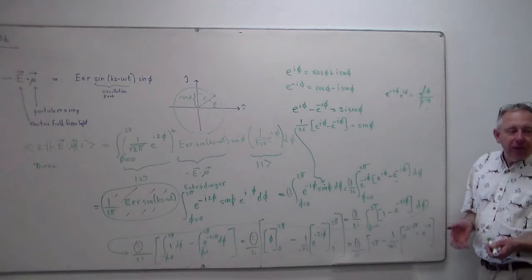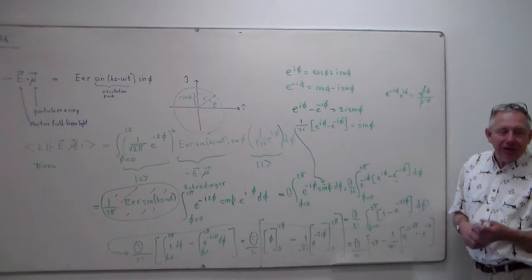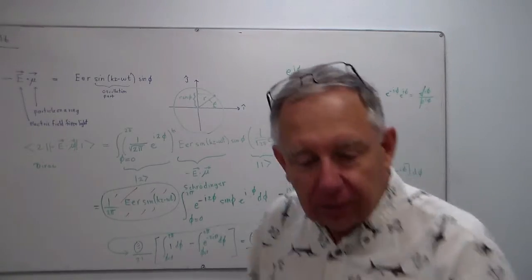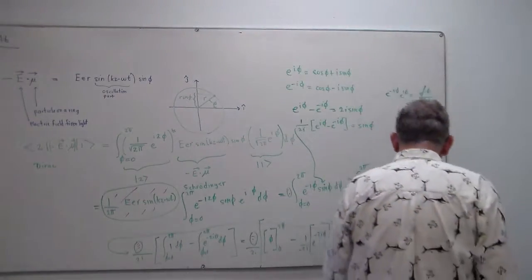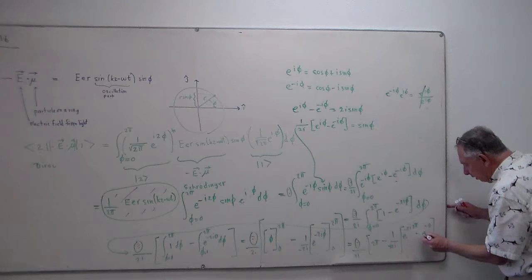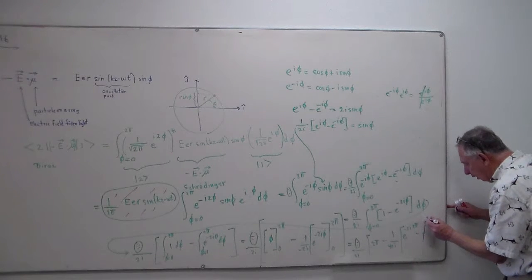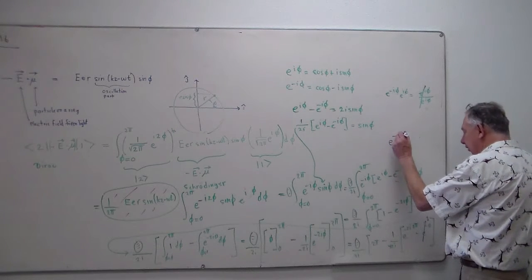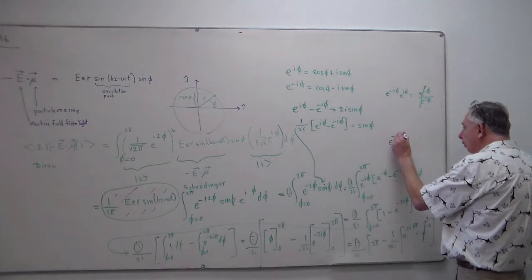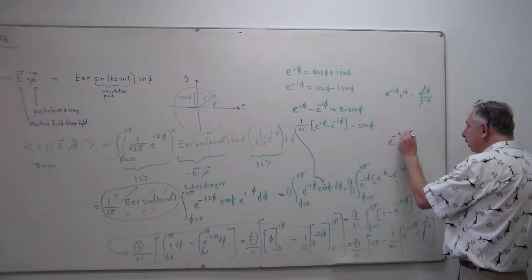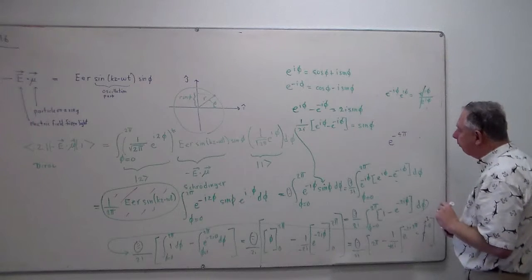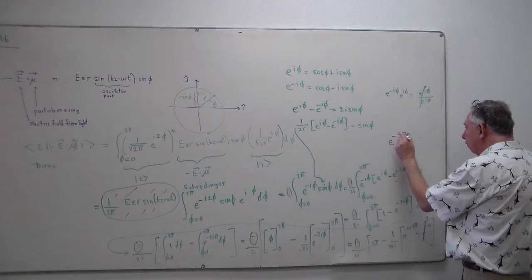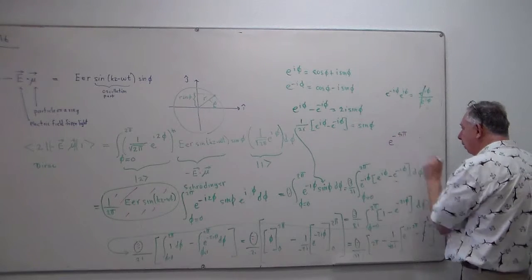If you raise anything to the 0 power, what is it? So the second integral, this is 1. And then what's e to the minus 4 pi i?